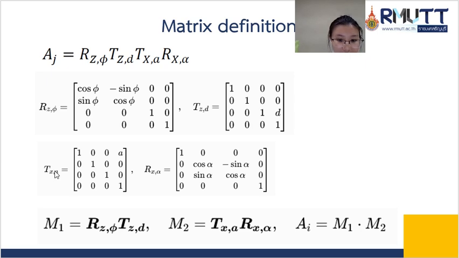The T x a is the translation along the x axis by a. R x alpha is the rotation about the x axis by alpha.